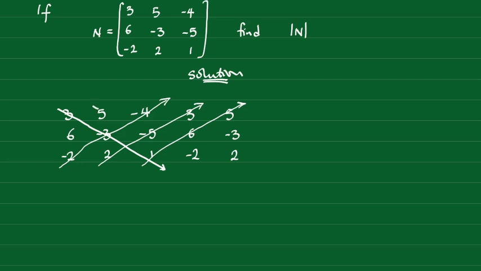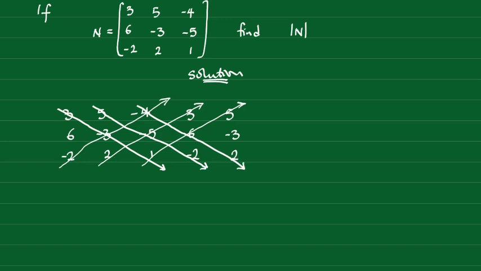So from 5 here down, draw a diagonal line down to minus 2. And lastly, we draw a diagonal line from minus 4, which is located at row 1 column 3, to 2, which is located at row 3 column 5. All right, from minus 4 to 2.